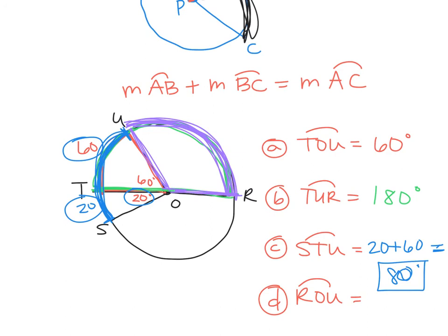120. How did you get it? Because I thought 20 plus 60 is 80, and then the whole half is 180, so you subtract that. Well, so this is 60 here, right? I just took 60 away from 180. So this is 180 for this arc.